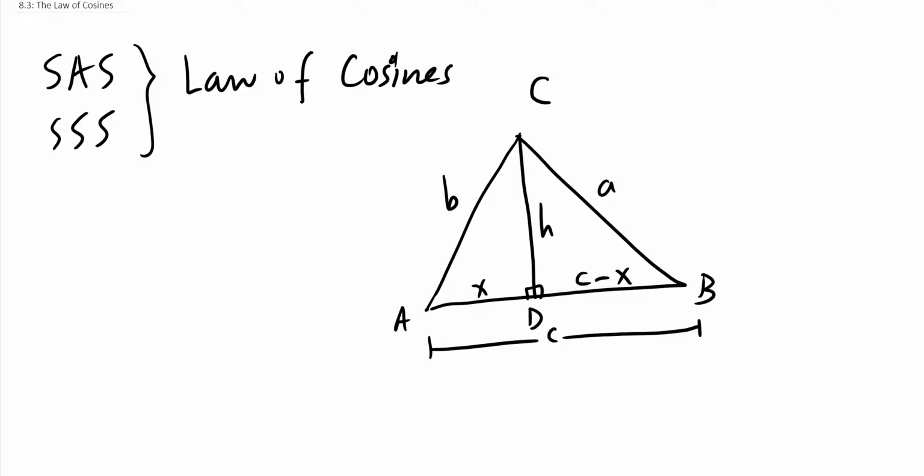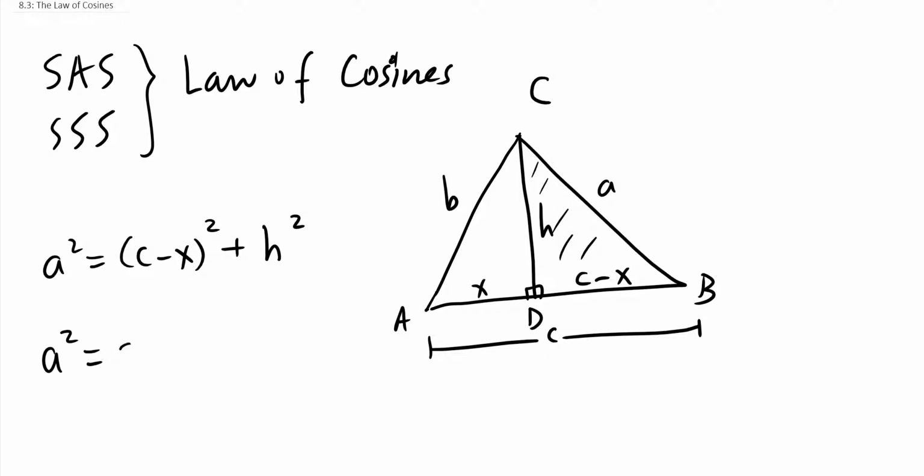In the right triangle here, by the Pythagorean theorem, a squared equals (c minus x) squared plus h squared. When I expand this out, you square the first one, minus 2cx plus x squared, and keep h squared the same.